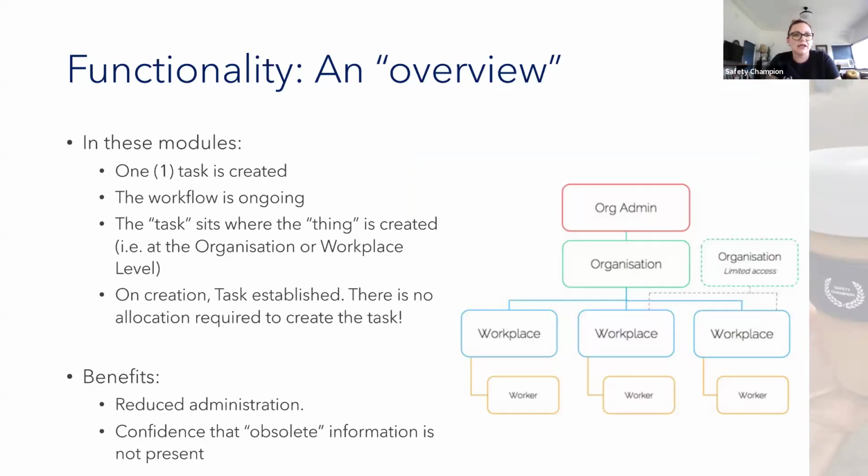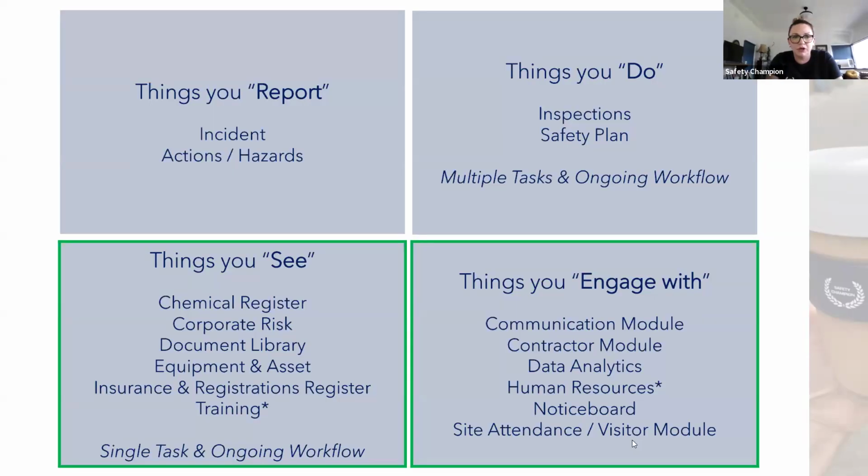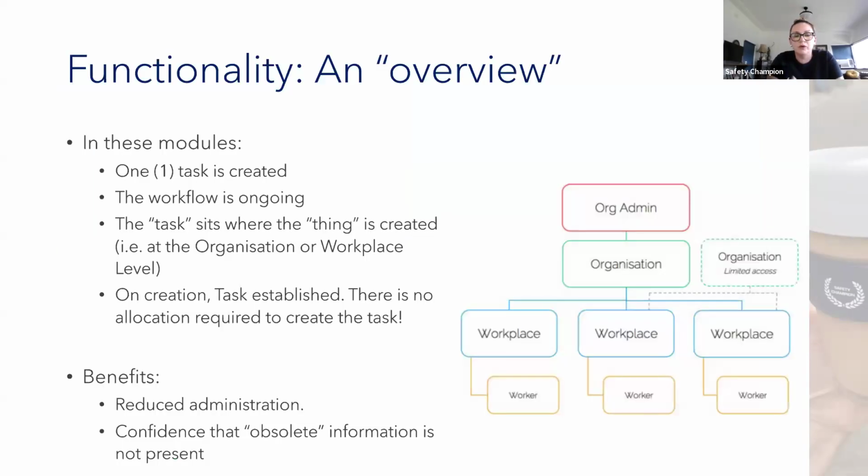The functionality of these modules is that if we are creating a chemical or a risk item or a document, we create that item, and then it will sit where it's created. So if we create at the organisation level and then allocate to the workplace, those items are able to be viewed by the workplace.